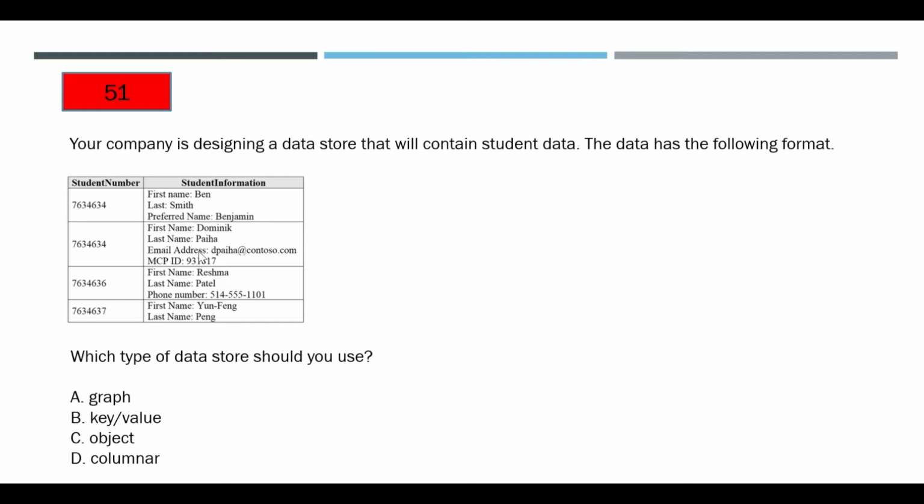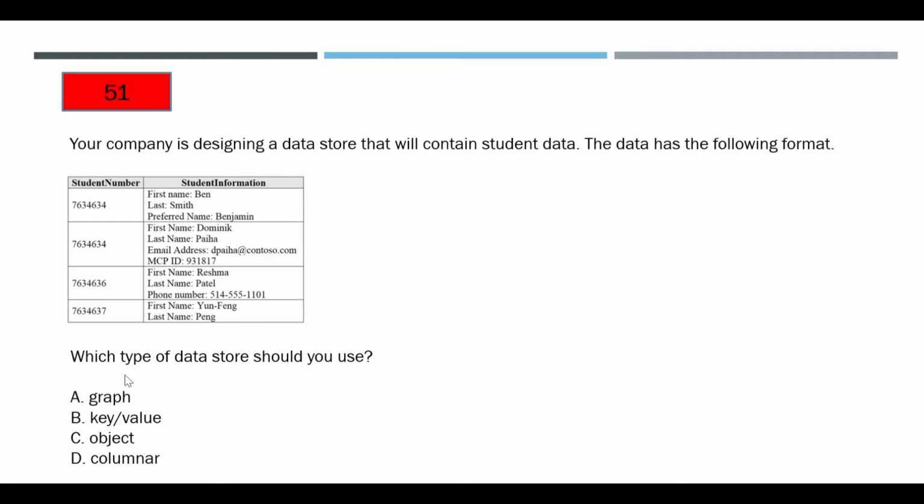For some, first name, last name, email ID and MCP ID is mentioned. For some, phone number is mentioned. For some, only first name and last name is mentioned. So whenever we see such structures, this should usually go in a key value format or a schema-less format.